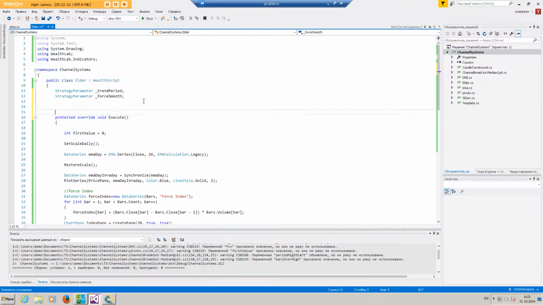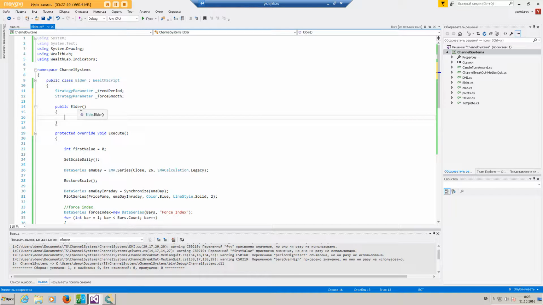Okay, these are strategy parameters, public. Trend period equals create parameter, trend period. So 26 is our default, start at 10, stop at, I don't know, 200, step, make it 2.